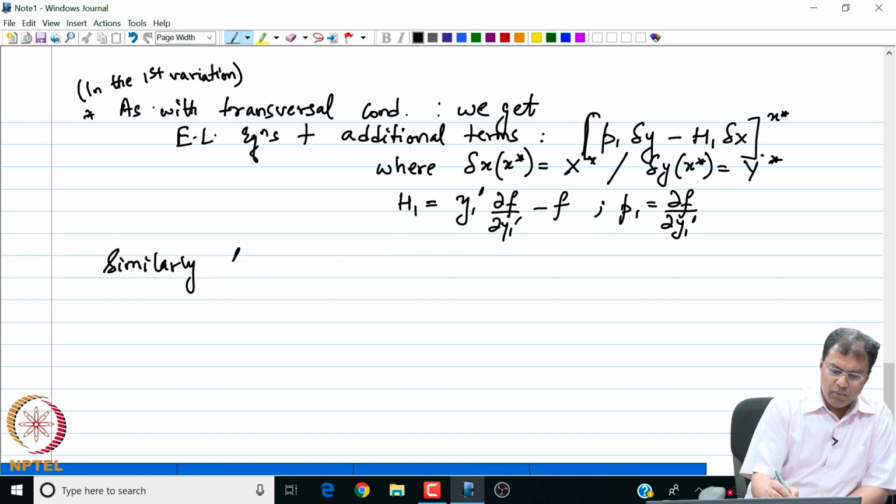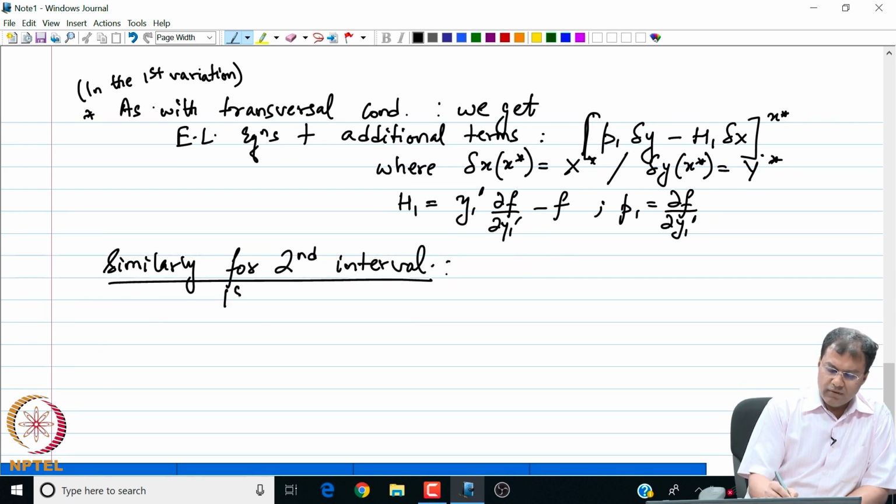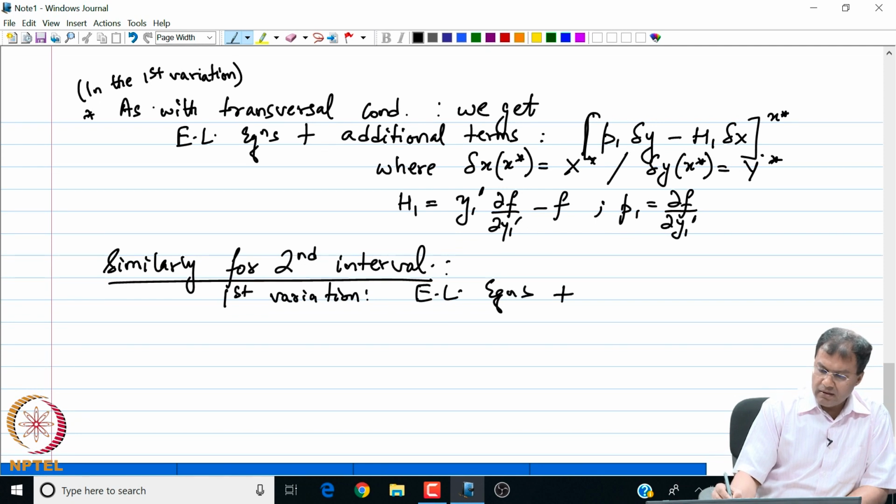for the second component, for the second interval, the first variation will again give Euler-Lagrange equations plus the terms of the form minus P2 delta y plus H2 delta x, right.